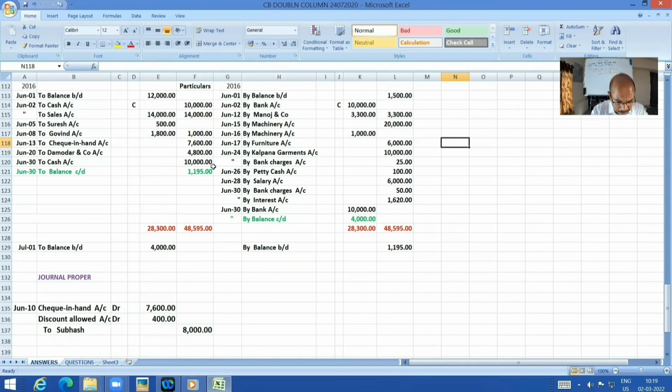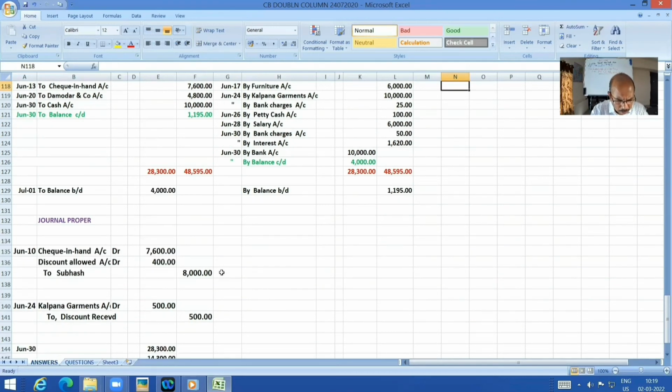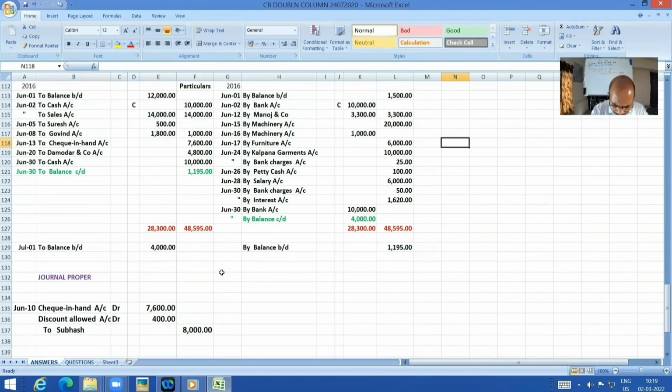How has the account been squared up? By the time you are an expert, discount will be debited and Damodar and company will be credited with 200 rupees. So his account will get squared. You get a credit here of 4,800 on account of the draft received, and on account of my discount allowed, he will get a further credit of 200, and his total amount of 5,000 gets nullified or squared up, right?